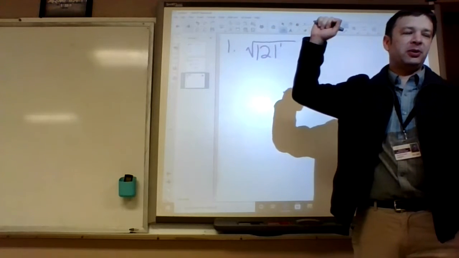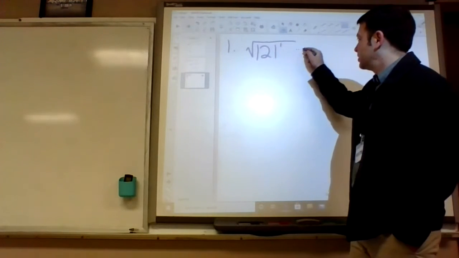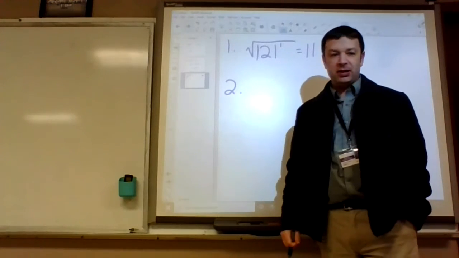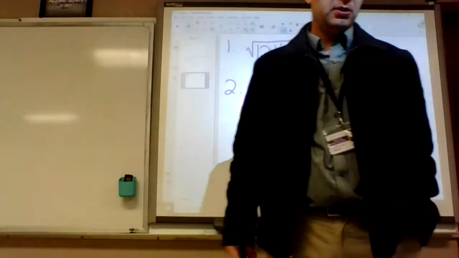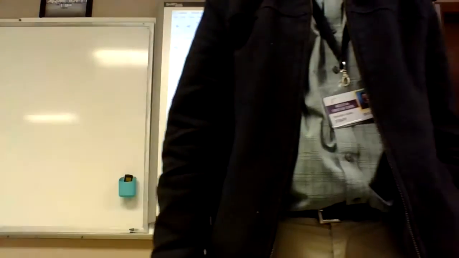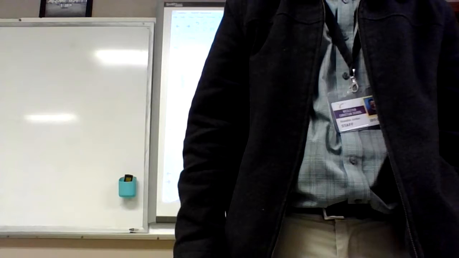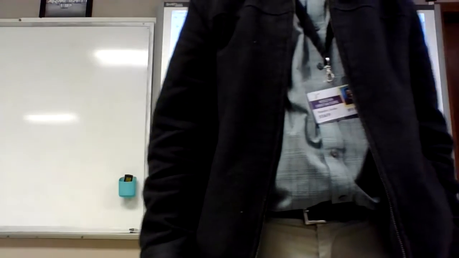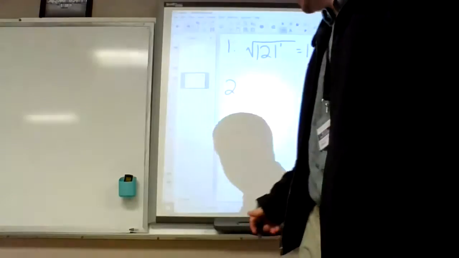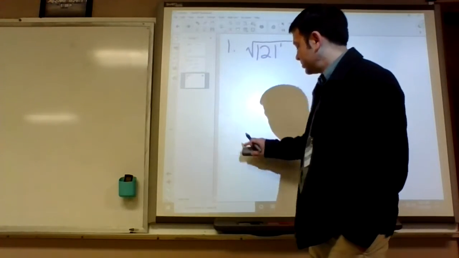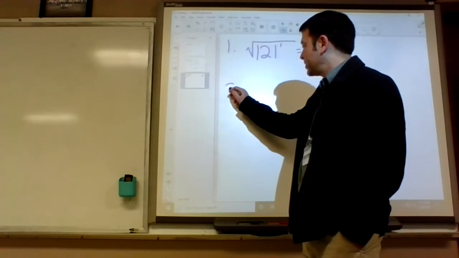What's the square root of 121? 11. Your calculators can do rational exponents. Okay, well, I said that, and then number 3 probably won't be able to. So what's number 2? Number 3, how about that one?